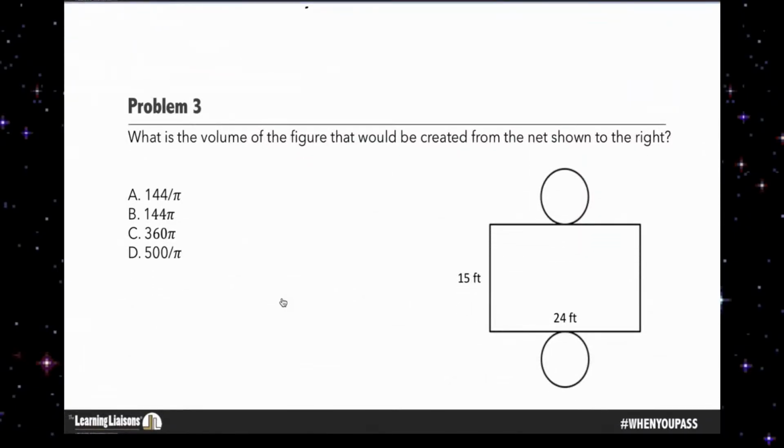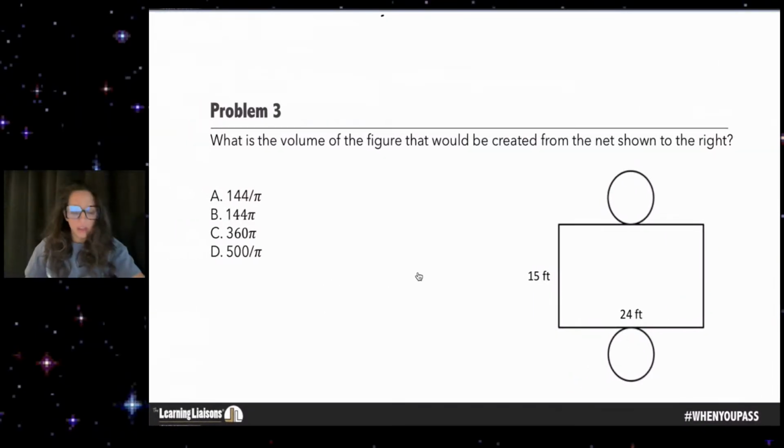What is the volume of the figure that would be created from the net shown to the right? All right, this is another geometry problem. Volume.